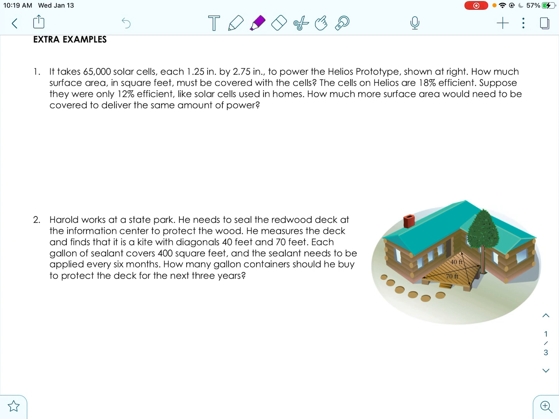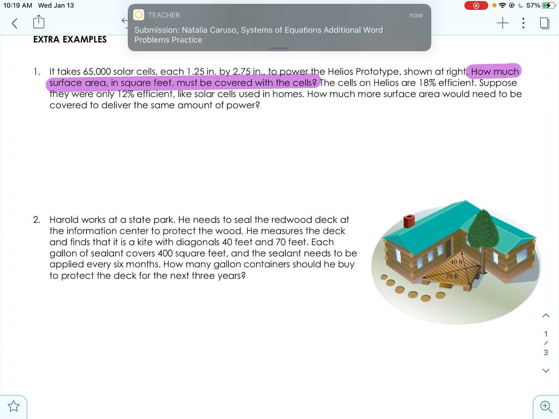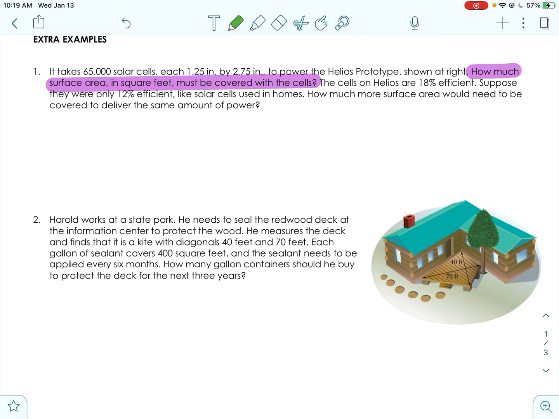So there's two questions here. The first one is, how much surface area in square feet must be covered with the cells? There are 65,000 solar cells, each 1.25 inches by 2.75 inches.